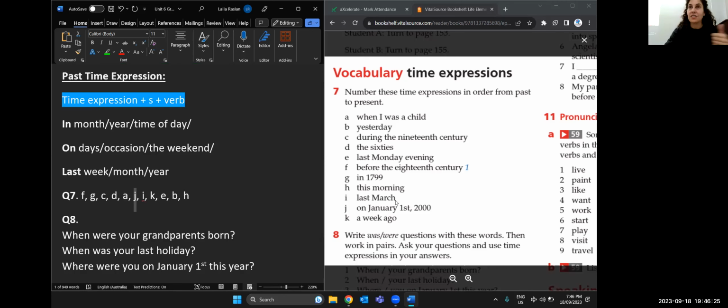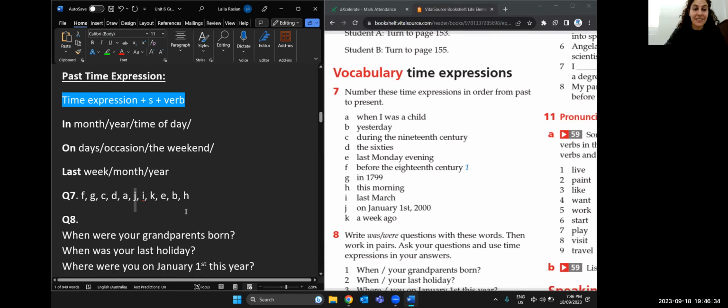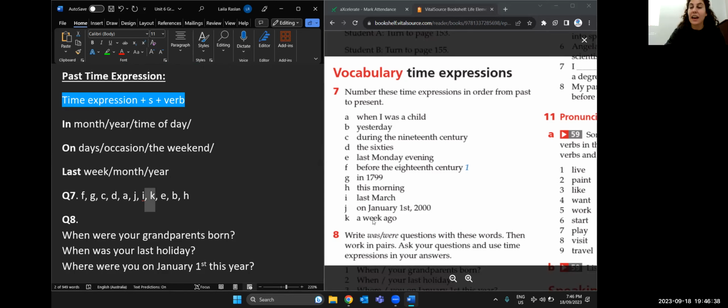After that, last March. So now we're talking about last year. Last March, 2022. Then K, a week ago. Now we're talking about a week ago. What comes after that? Last Monday evening.